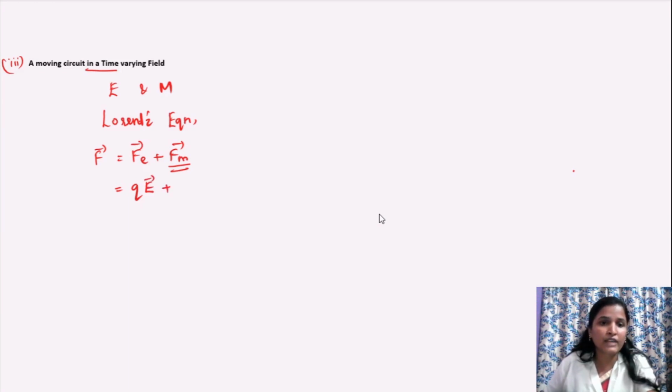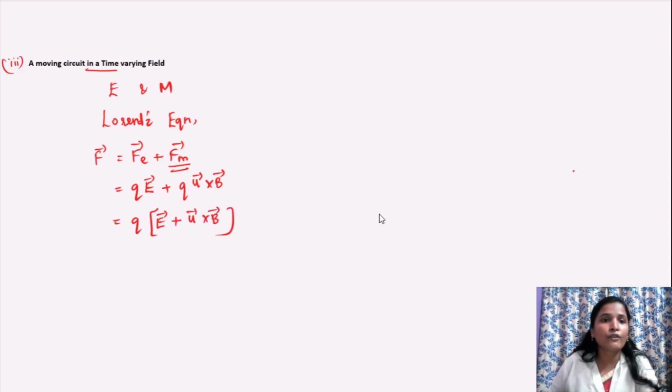Substituting Fm, we can take Q common, that is Q into E plus u cross B vector.